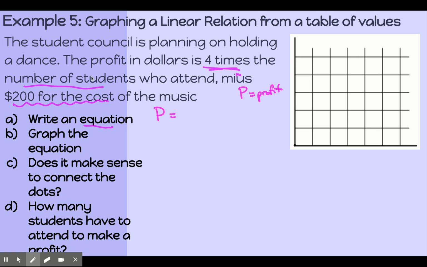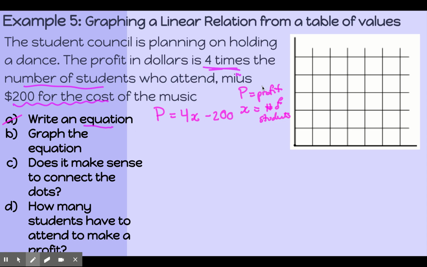The number of students, do we know how many number of students? No, we don't. So I'm going to use, let's say, X for number of students. So 4 times the number of students, so 4X minus 200 for the cost of music. So there's my equation.